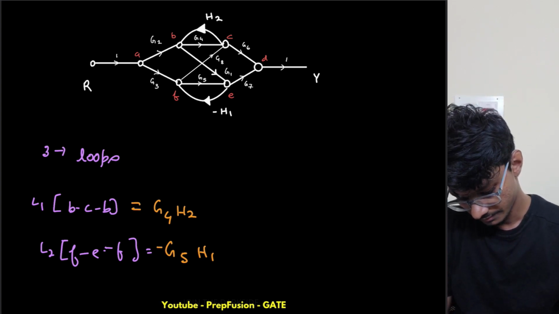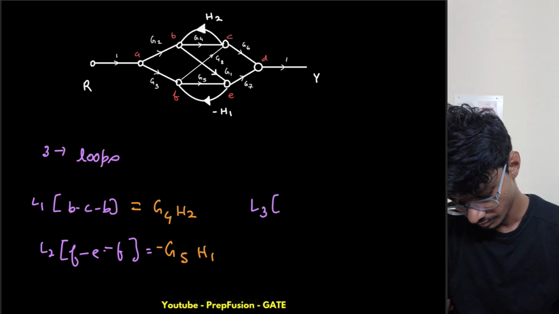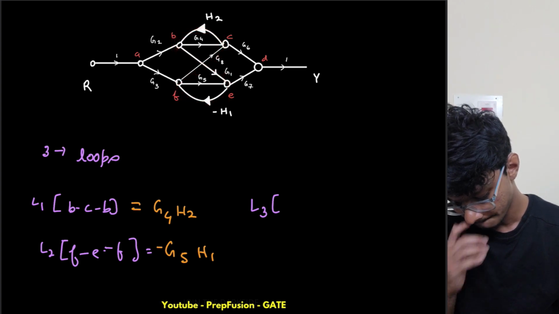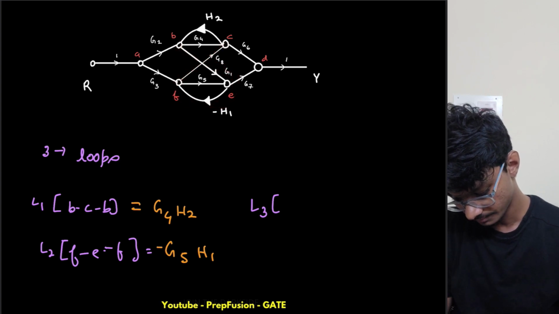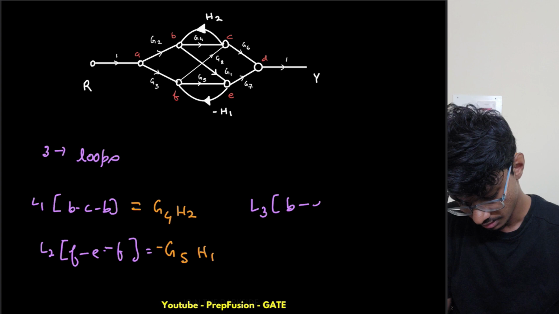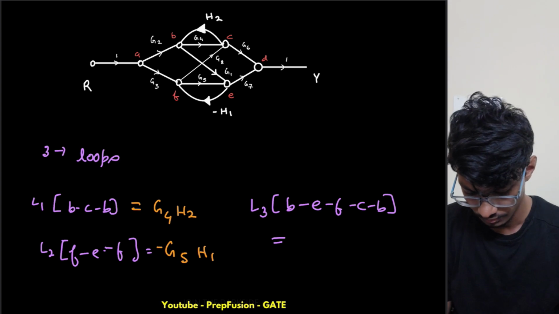Now what is L3? L3 is a bit difficult. We're going from here to here and then here, right? If I start from B itself, B to E to F to C and then B again. So what is this?